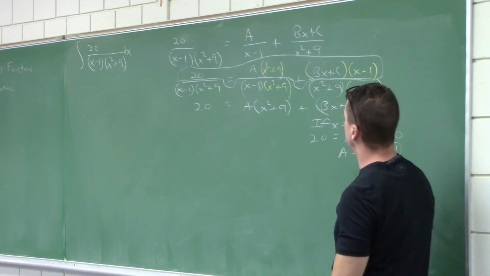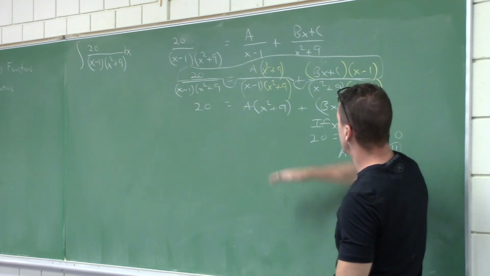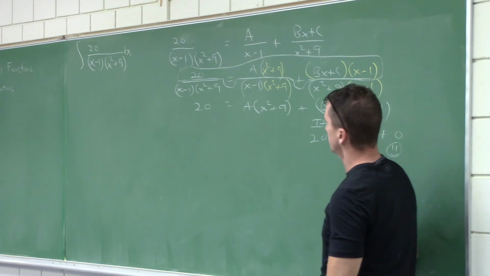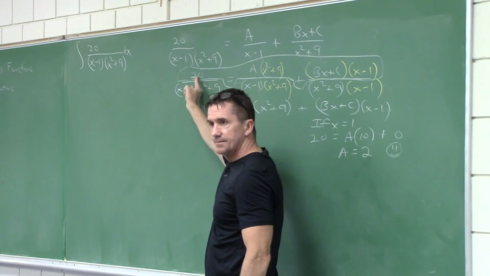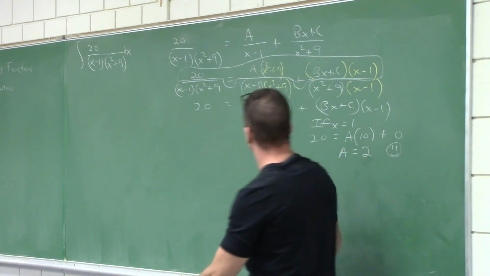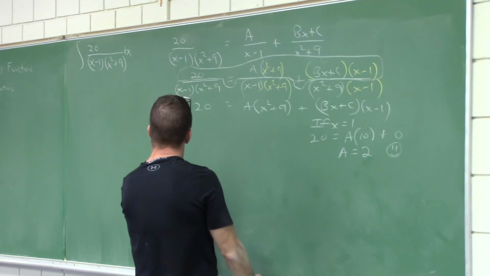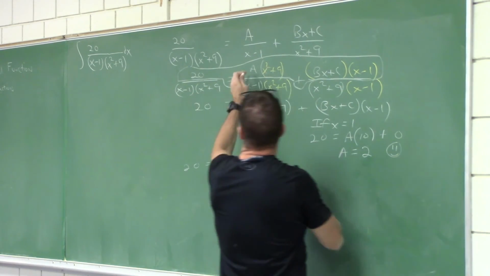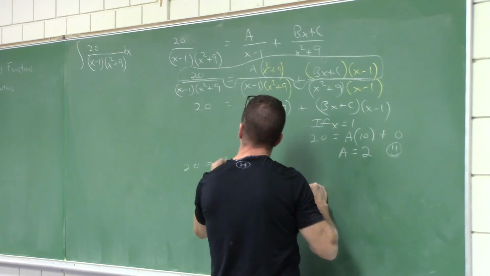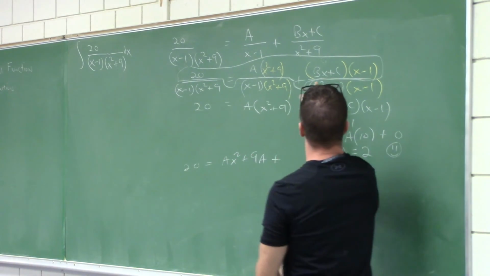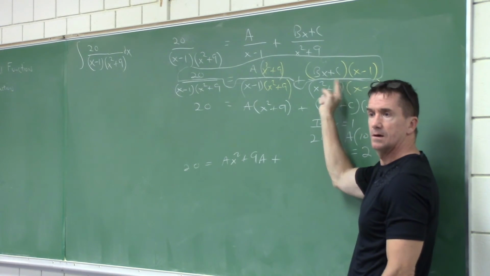But I want to get the B and a C. Let's do equating coefficients. So you remember how to do this? That only has a 20 there. I have to distribute all that stuff in the numerator. We'll do it. 20 equals ax squared plus 9a plus, uh-oh, I gotta FOIL that, huh?